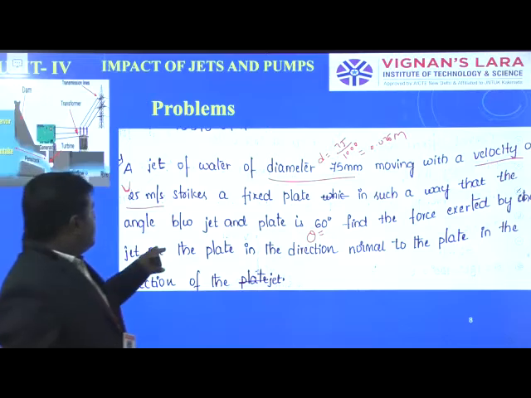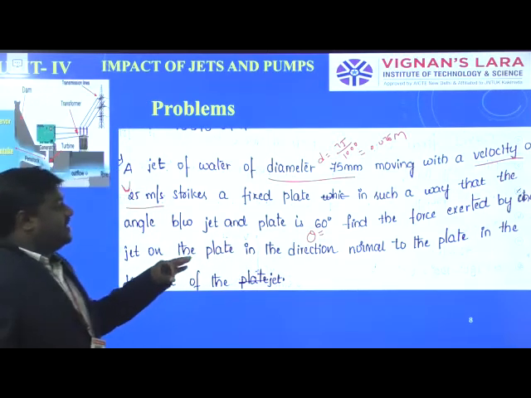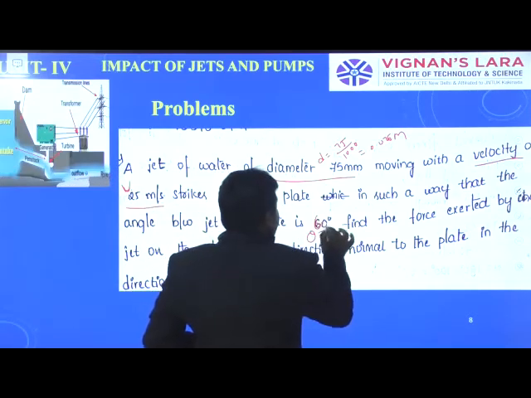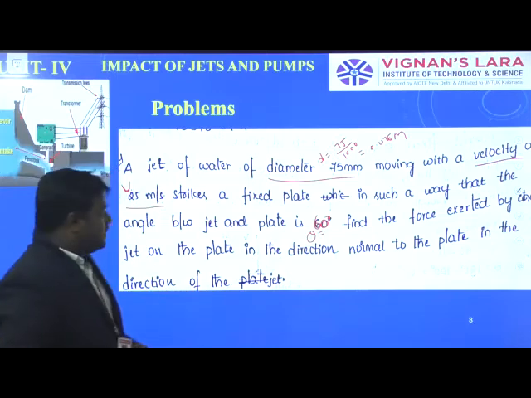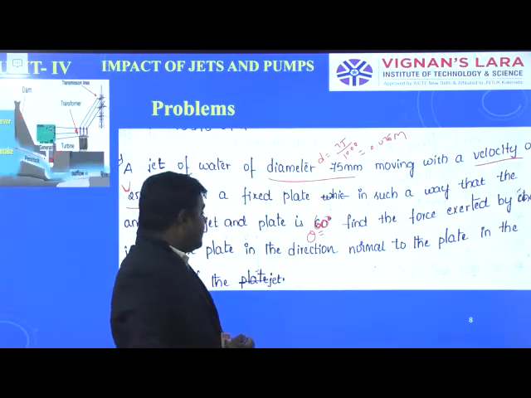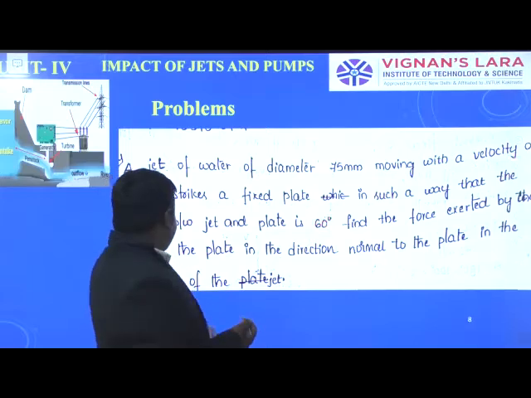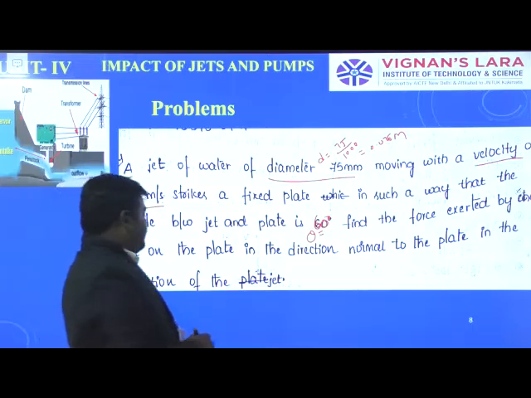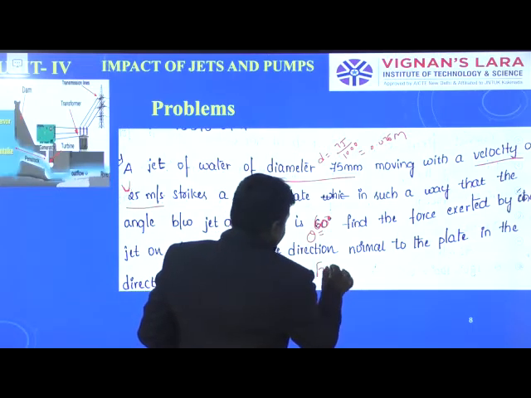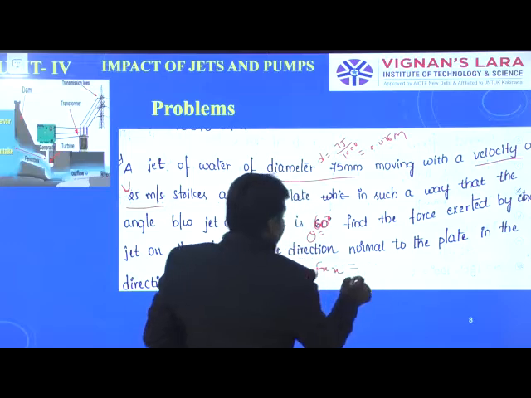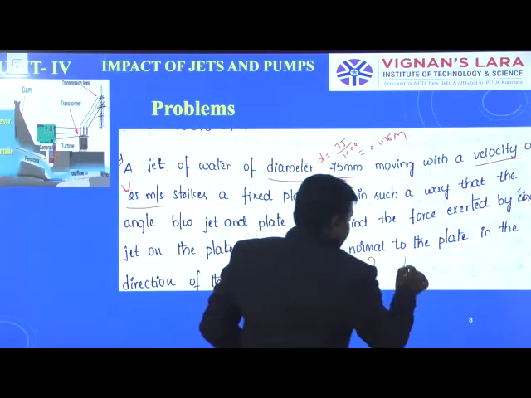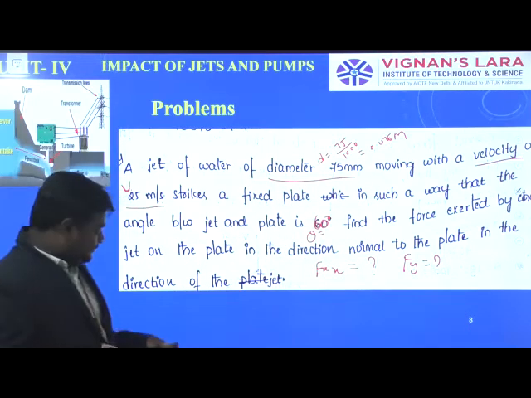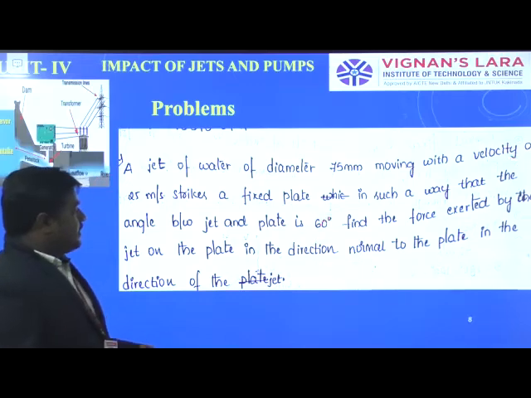Then it strikes a fixed plate in such a way that the angle between the jet and the plate is theta equal to 60 degrees. Find the forces exerted by the jet on the plate in the direction normal to the plate and in the direction of the jet. So we have to solve for the force in x direction and the force in y direction. This is the sequence of problem solving.